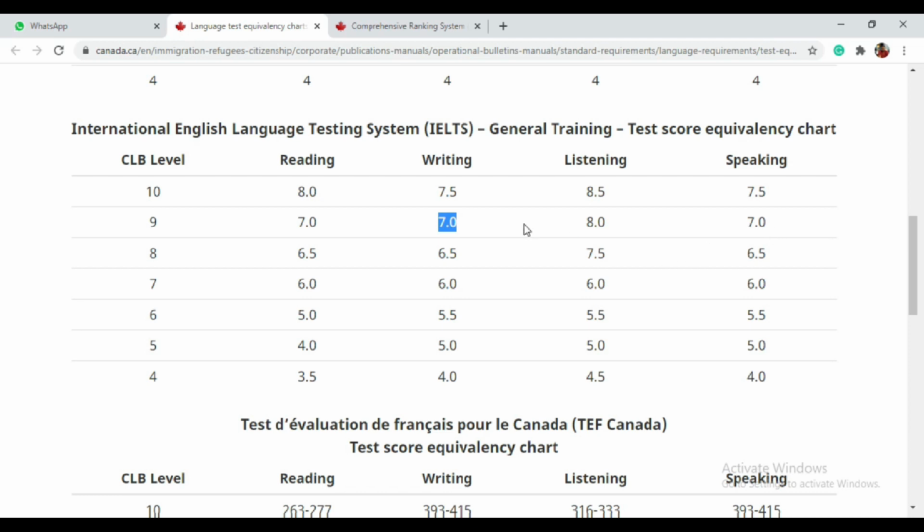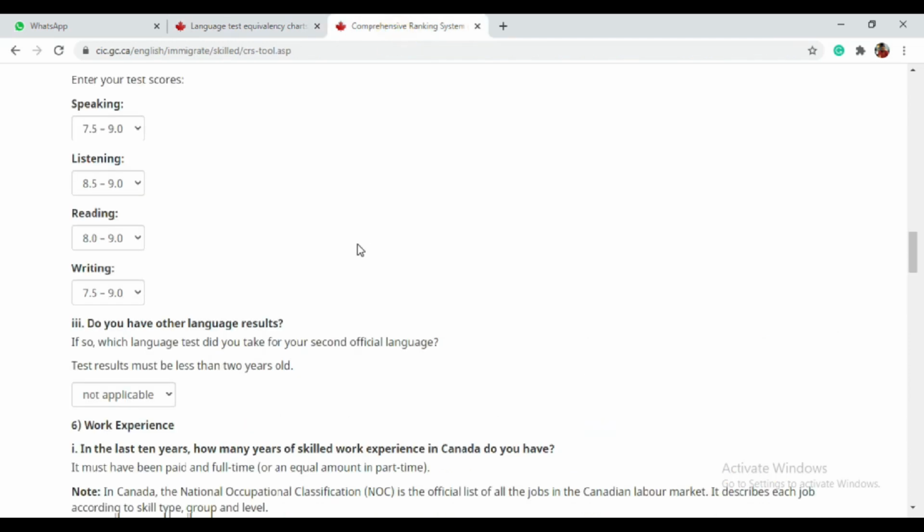So each module is different. I mean, listening, writing, reading, speaking. One could be CLB level 10 and three could be CLB level 9. Let me just give you an example. We have calculated 481 points, an addition of 12 points on the basis of CLB 10.